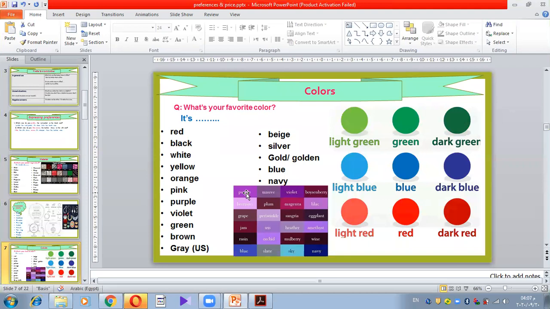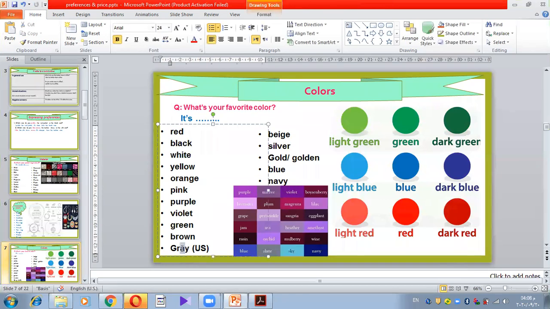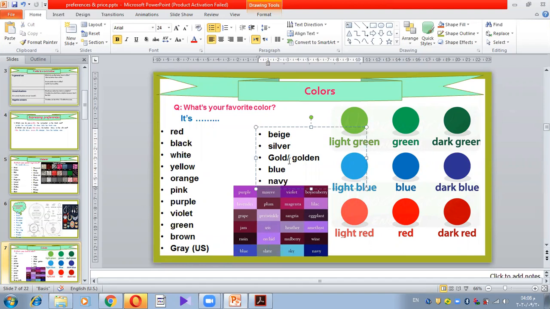Here, if it's clear, purple. Here it's violet. Do you see the difference between them? Green, brown, gray, and sometimes you see gray like E and gray like A. Americans are gonna say gray using the A, writing it A, that's American. E, that's the British way. Beige, silver, gold or golden, blue, navy, which is the dark blue.